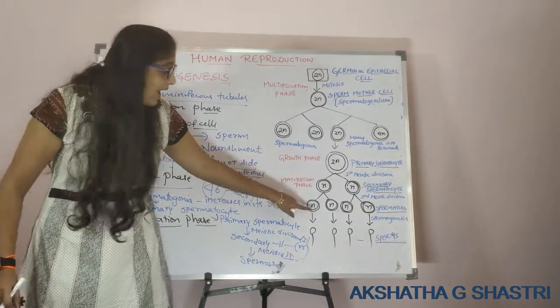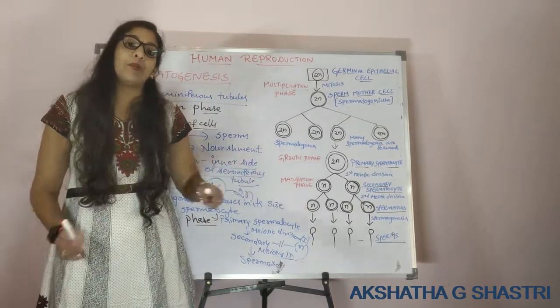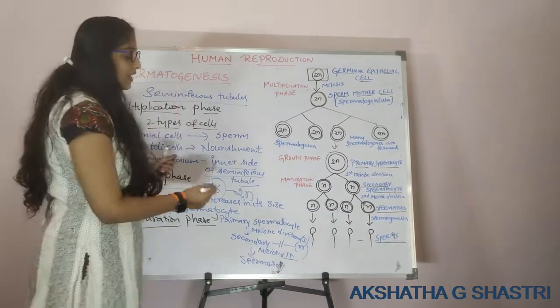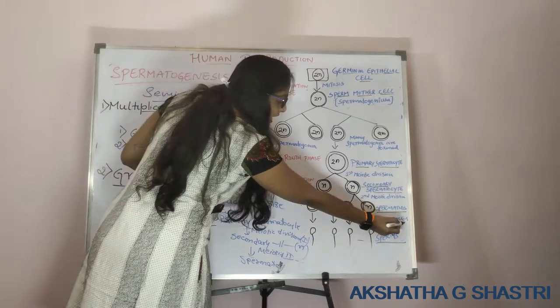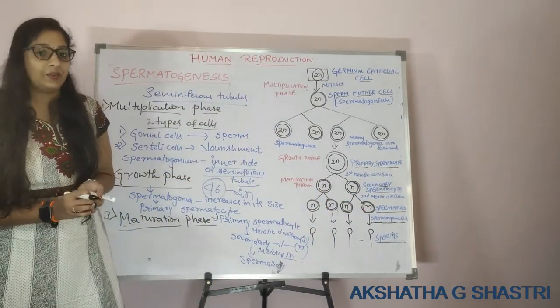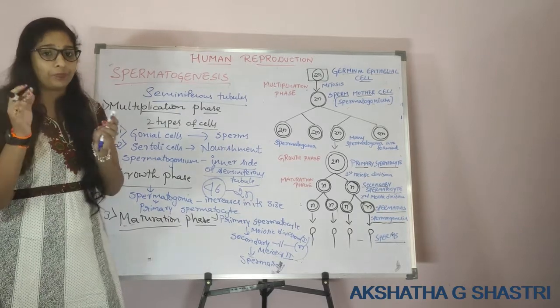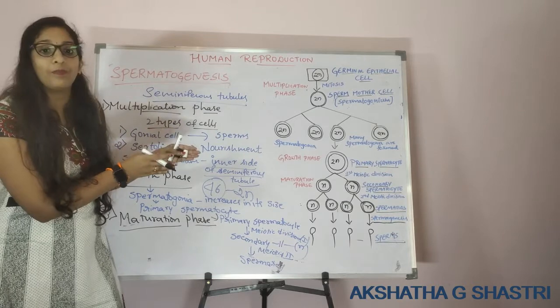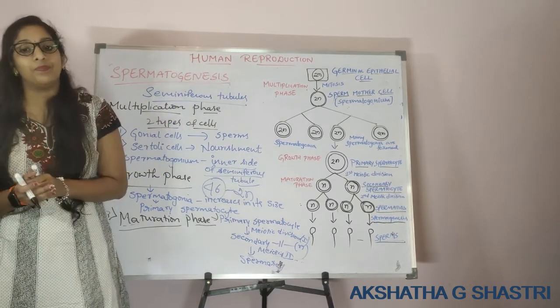And these spermatids undergo a process called spermiogenesis. Here you can see the spermatids undergo a process called what? Spermiogenesis.